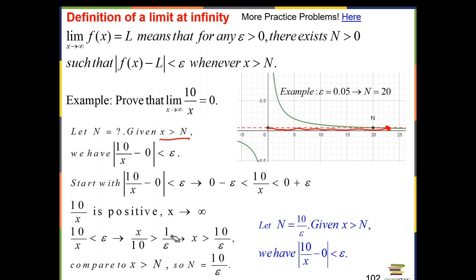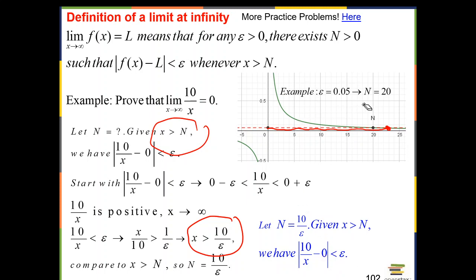So x over 10 is greater than 1 over epsilon. So we multiply both sides by 10. So x is greater than 10 over epsilon. So now compare this to that, and we see that our N has to be 10 over epsilon, right? So our proof is that let N be 10 over epsilon, given that x is greater than N, f of x remains within epsilon of 0.